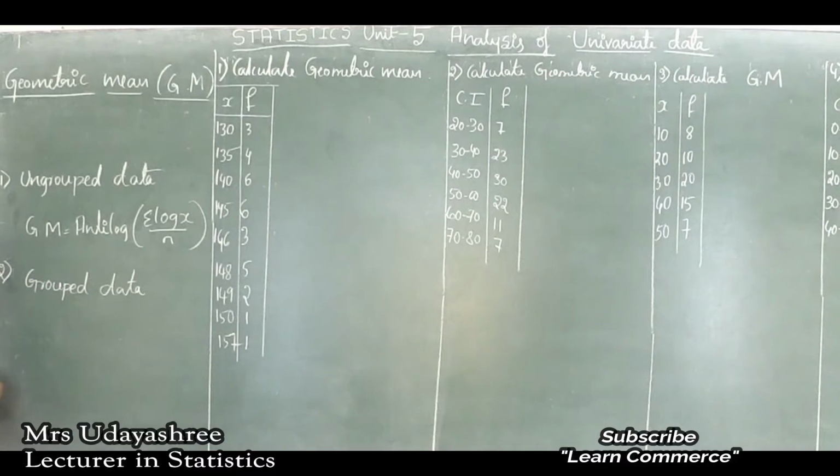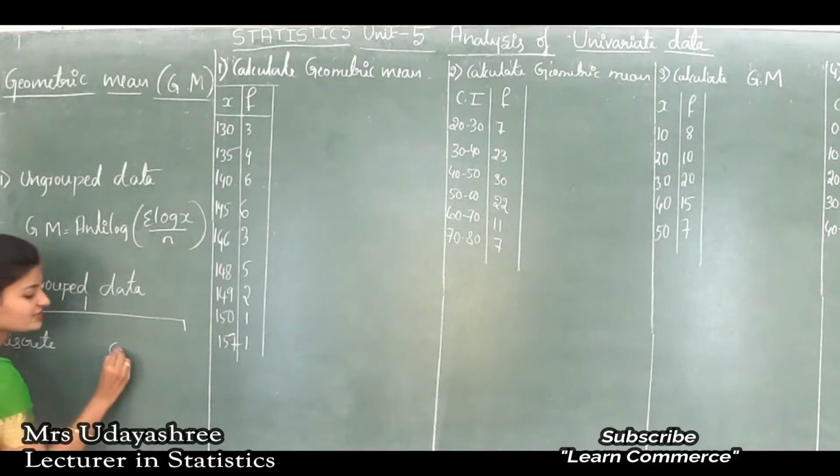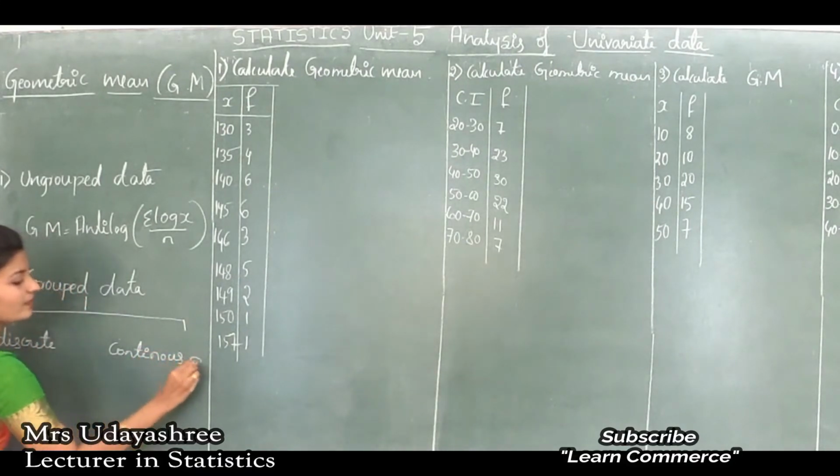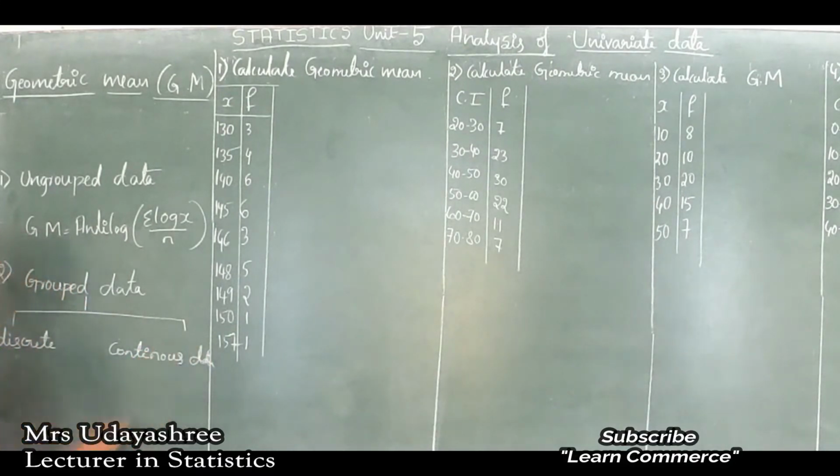So in this class we are going to discuss calculation of geometric mean in case of grouped data. We know that in grouped data there are two types: one is discrete data, another is continuous data. To calculate geometric mean in case of discrete data and continuous data we use the same formula.